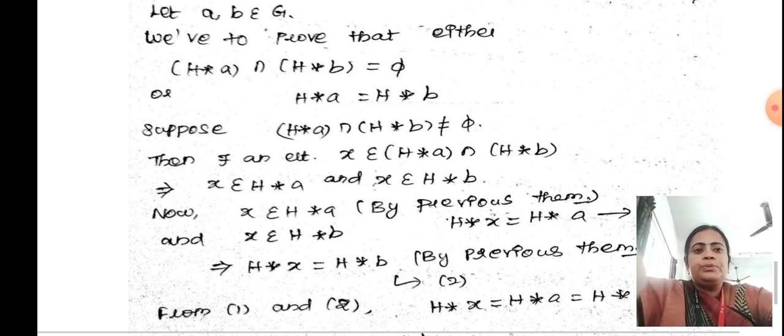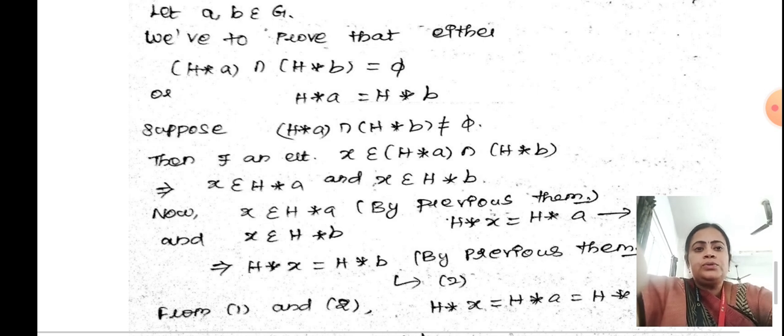Suppose we assume, for contradiction, H star a intersection H star b not equal to phi. Then there exists an element x belongs to H star a intersection H star b. We always know if x belongs to A intersection B, then x belongs to A and x belongs to B. So using this concept, we can write this as x belongs to H star a and x belongs to H star b.